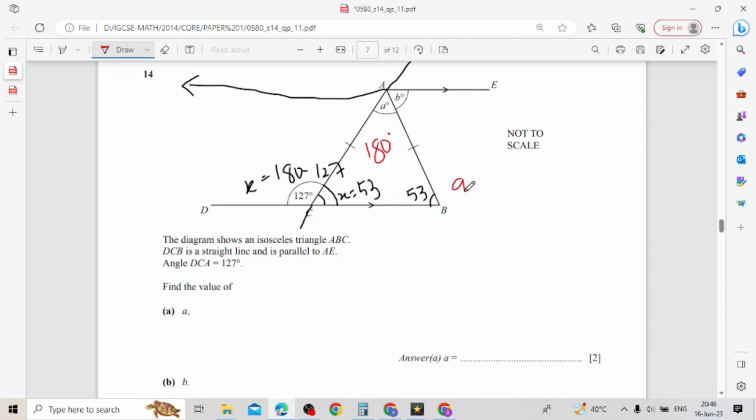Then A is equal to 180 minus 53 plus 53, which is 106. Now what's the angle? It should be 74. Yes, we got A as 74. Done. So what is the value of A? It is 74. Perfect.